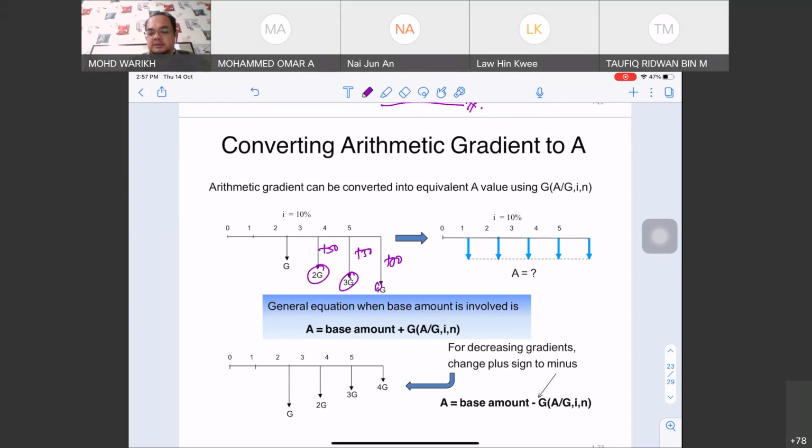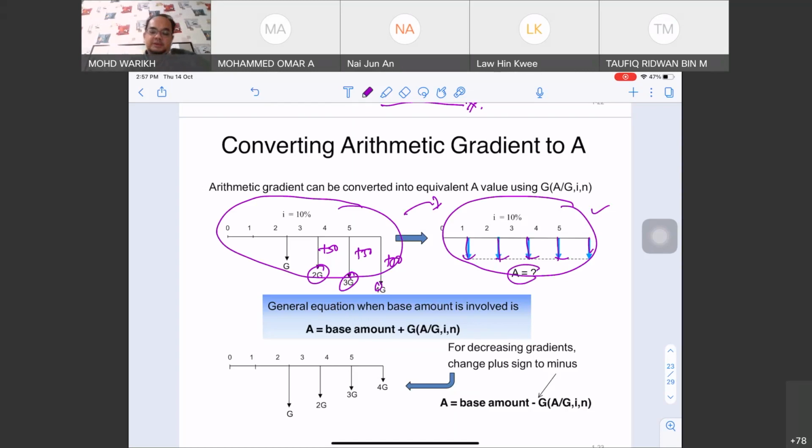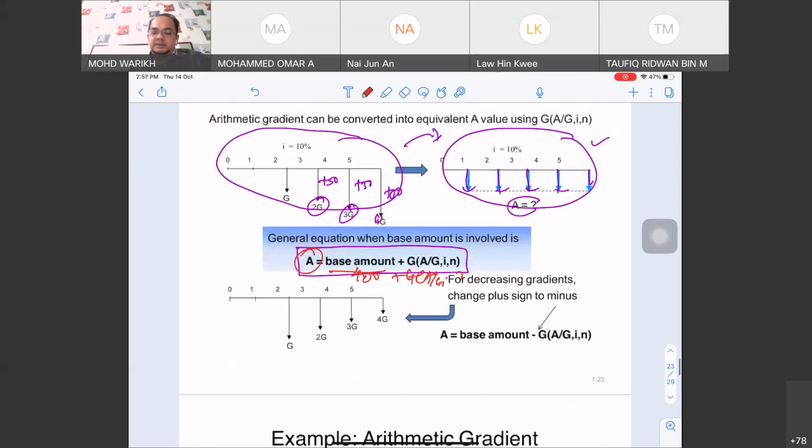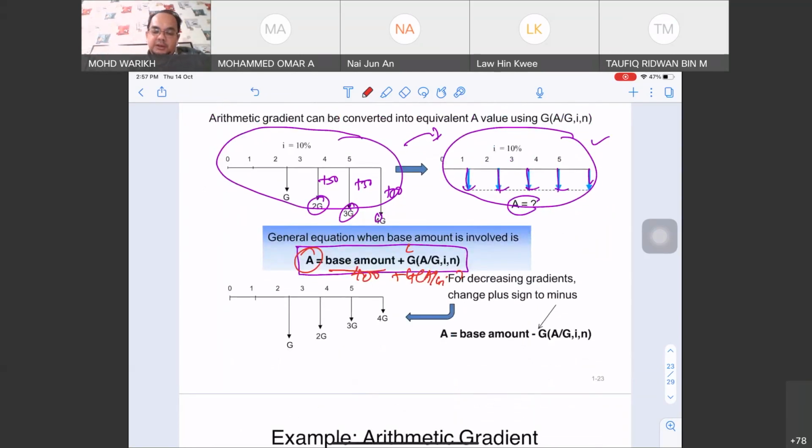Each year you have to add 50 ringgit, plus 50, plus 50, but you have to change it and pay the same amount every year. So how do you convert this one to this one? You have to remember this formula: A equals the base amount, all the 400 ringgit, plus G, A over G, I, N. G is 50 ringgit.